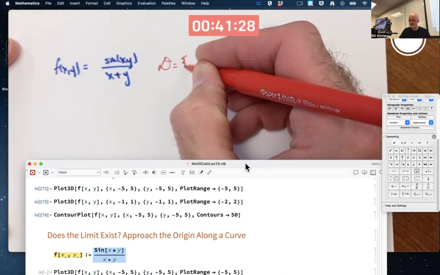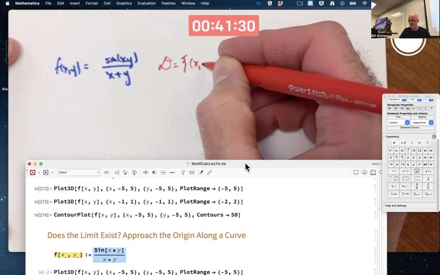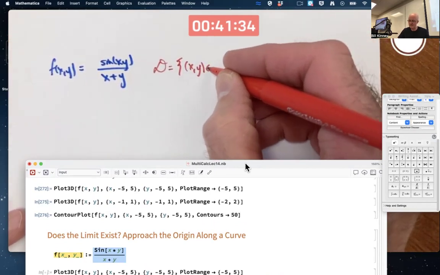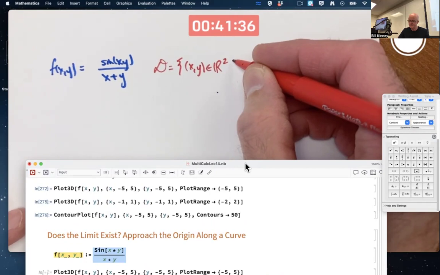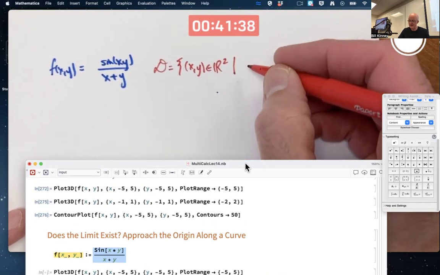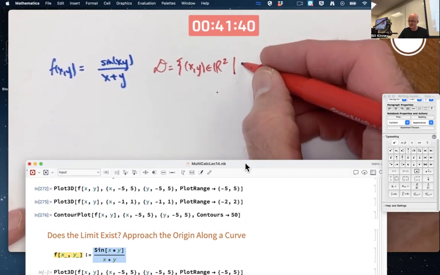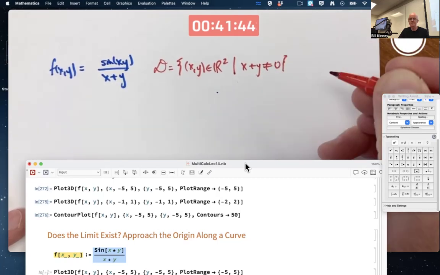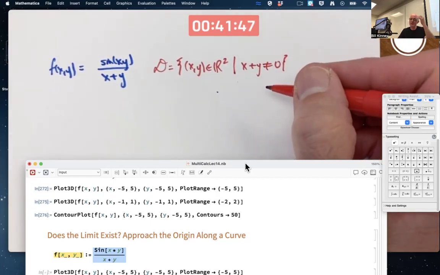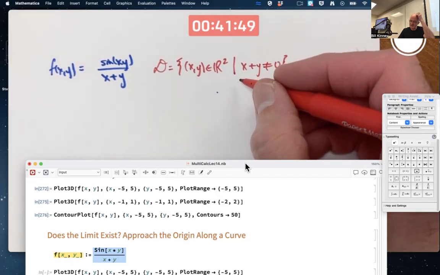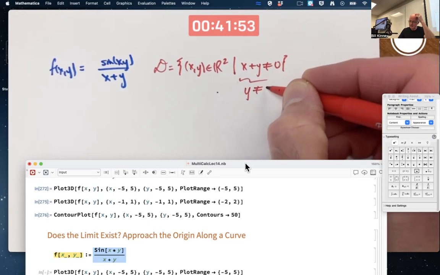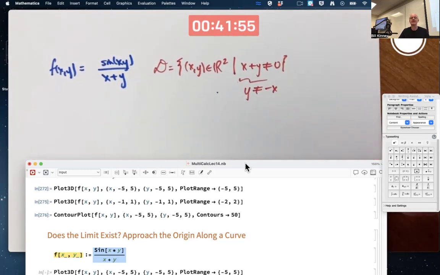You still want to avoid dividing by 0, so you can still pretty quickly say the domain must be the set of points in the plane, R2, with the property that I'm not dividing by 0, so this means x plus y does not equal 0. But as far as understanding what that domain is, it's a little trickier. You need to realize this is the same as the inequality y does not equal negative x. It's equivalent to that.